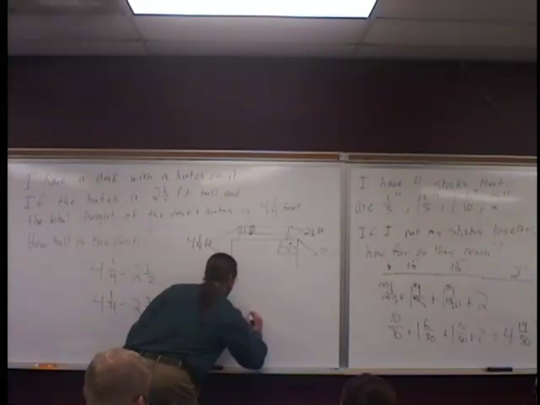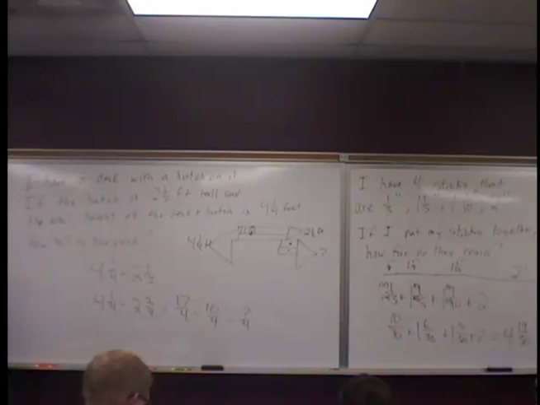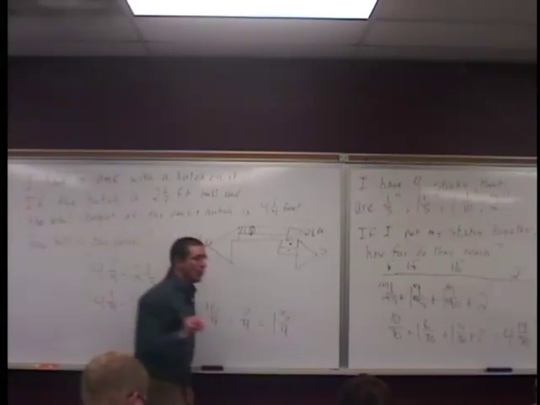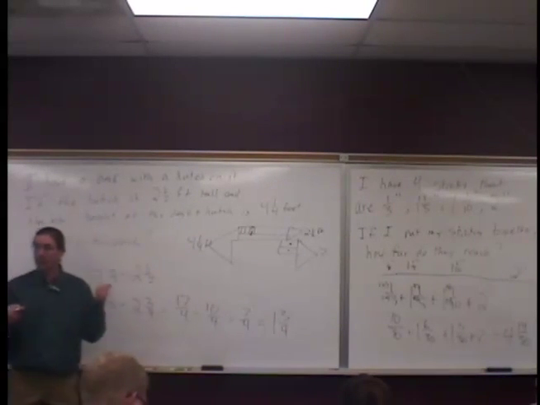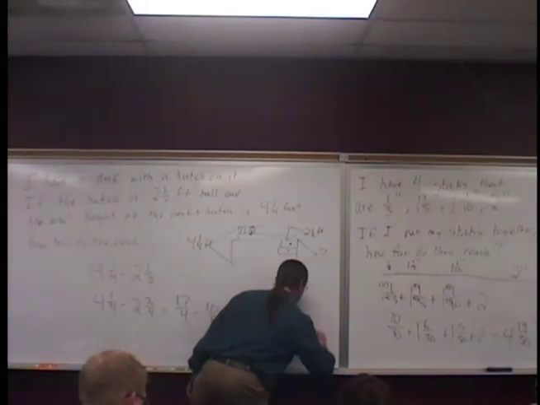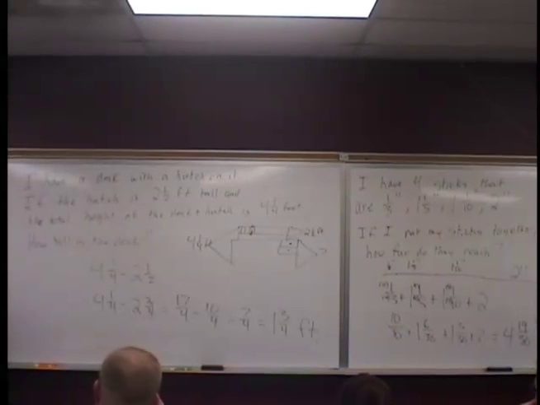This is 7/4. I probably would ask you to answer this question as a mixed fraction. So you would say this is 1 3/4, and you would make sure to include feet. All right? Again, we already did 4 1/4 minus 2 1/2, so hopefully the answer didn't change.